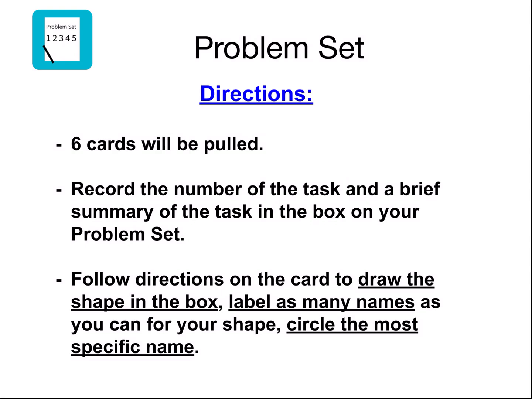So actually, I'm going to do 5 cards, not 6. You're going to follow directions on the card to draw the shape in the box. Label as many names as you can for your shape.